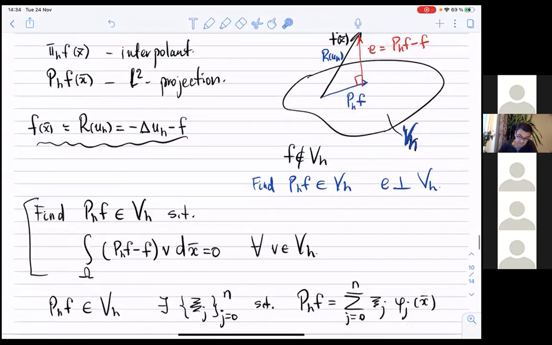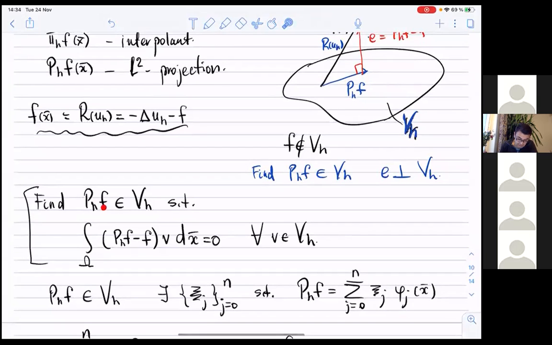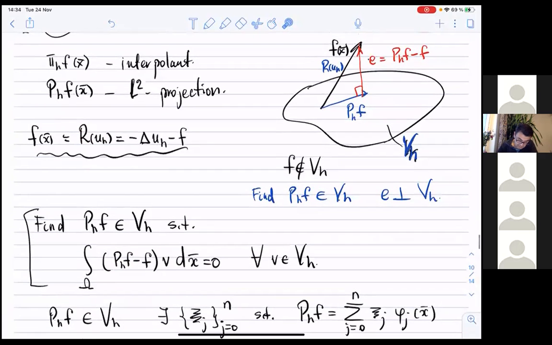So you can just look at this projection. You are looking for some approximation of this R so that this capital R is orthogonal to the finite element space, right? Something like this.